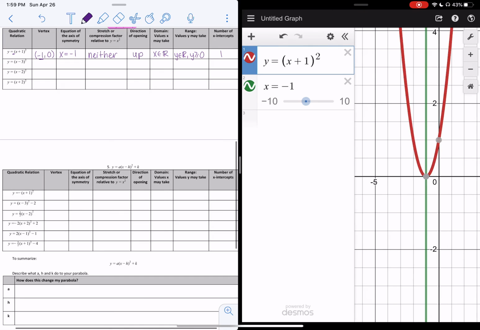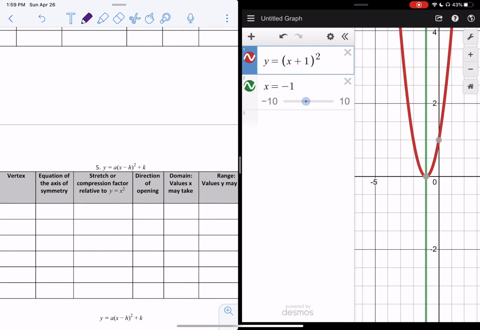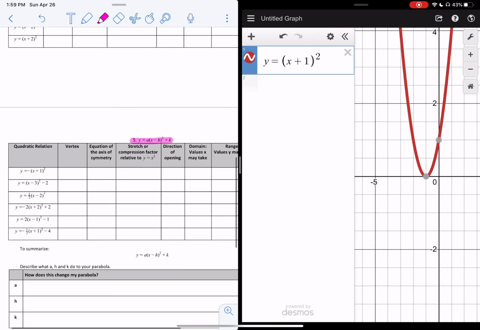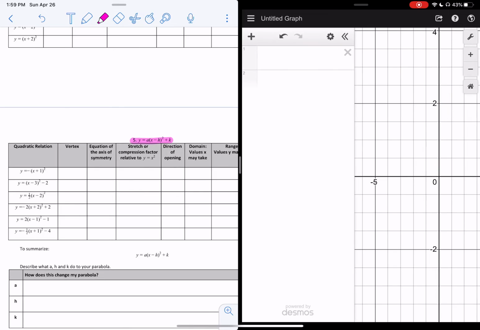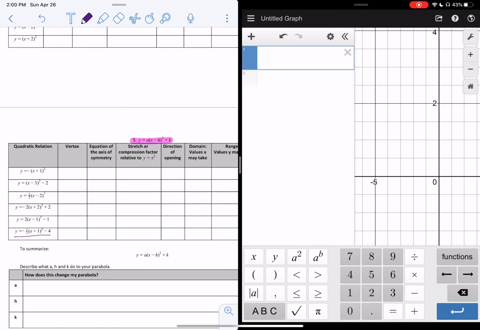Okay, so we'll do one of these challenging ones, and then I want you to give this a try on your own. So we're going to do one that has everything all together. Actually, let's do this one here, with a few different numbers, so it'll be easier for me to explain.